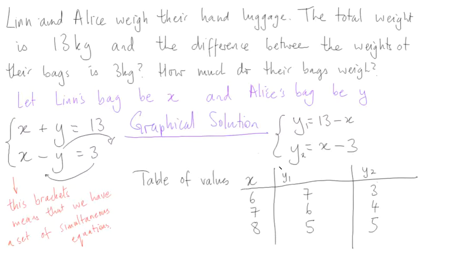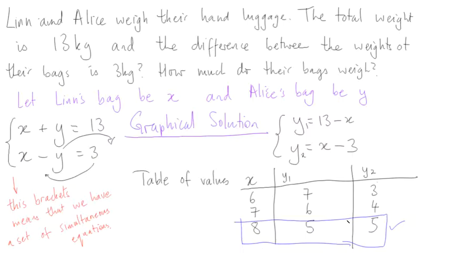So we've actually found the solution of this set of simultaneous equations. When x equals 8 and y equals 5, then both of these two equations agree. So let's try it. If we take x equals 8 and y equals 5, 8 plus 5 equals 13, and 8 minus 5 equals 3. So we found the solution of the equations.